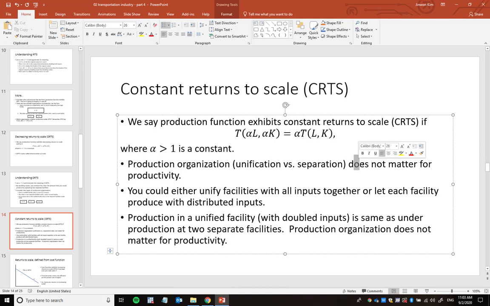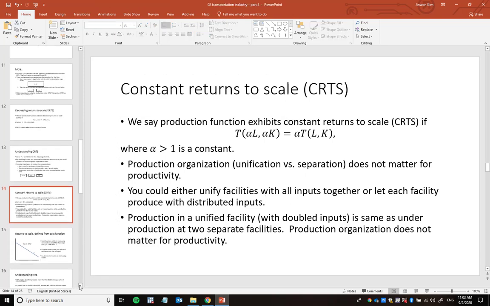So production organization does not matter for productivity, whether it's a larger production or separate productions, each being small. That does not matter for productivity. So that's constant returns to scale.